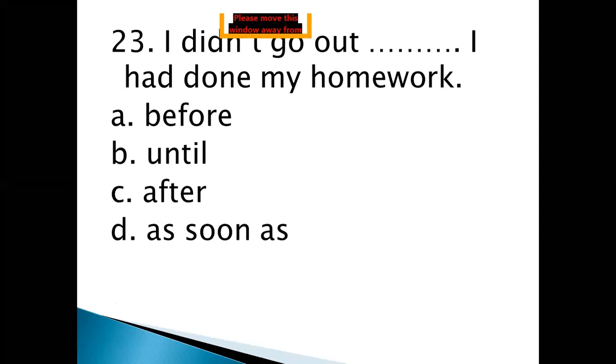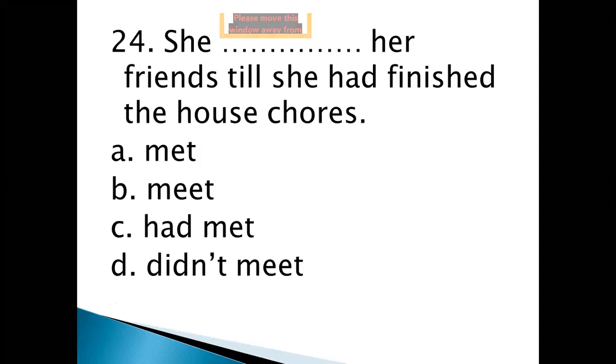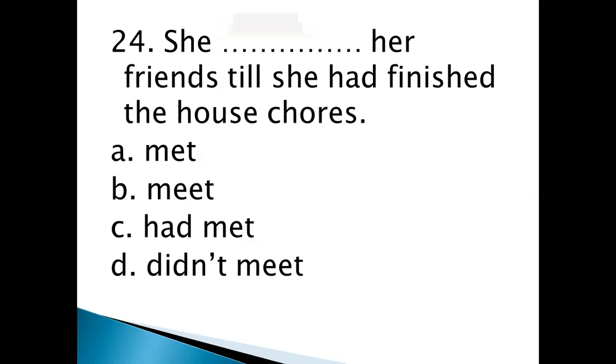And 23. Until. So we have here 23, until. 24. Didn't meet, because we have here till, and before till, you put past.